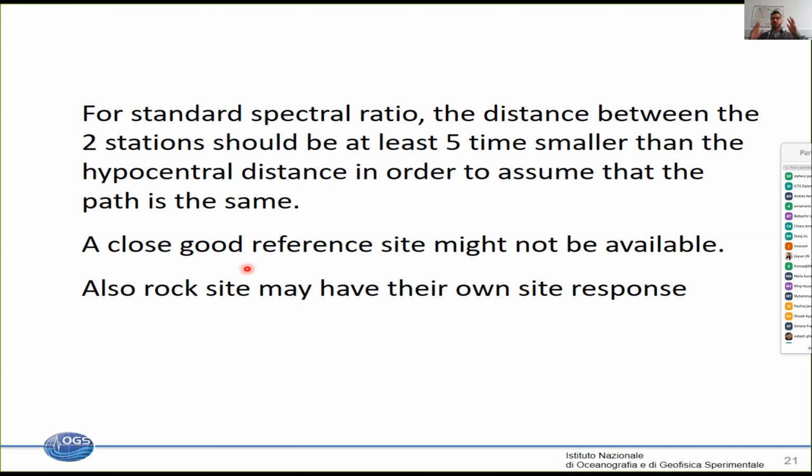Generally, this is reasonable if the two stations have a distance 5 times smaller than the hypocentral distance. This order is a rule of thumb, just to give you an idea.